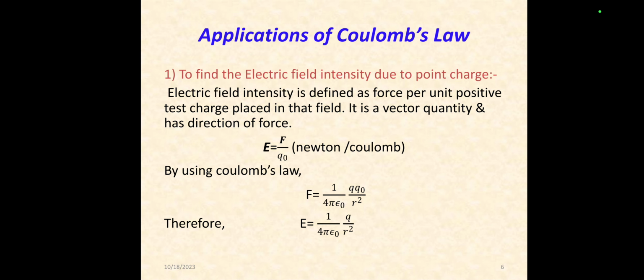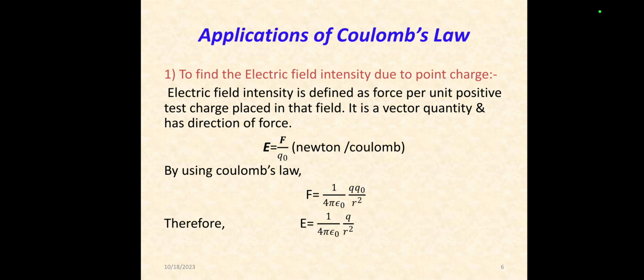The unit is newton per coulomb, and by using Coulomb's law, F is equal to 1 upon 4 pi epsilon naught Q into Q naught upon R square, because here we are mentioning two charges. One charge has a value Q and another charge has a value Q naught.